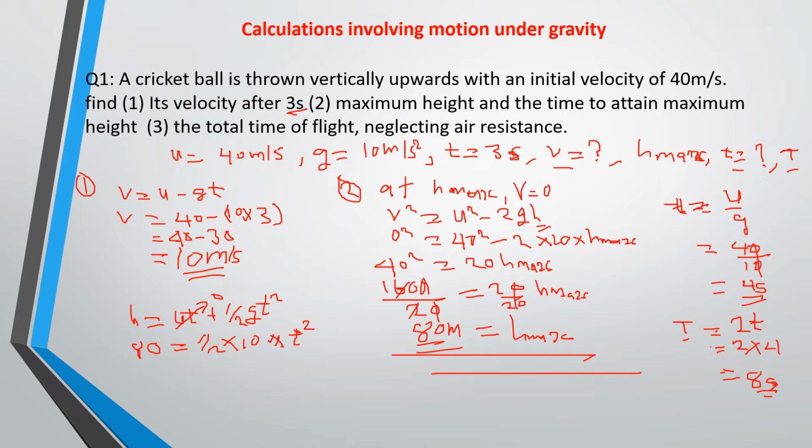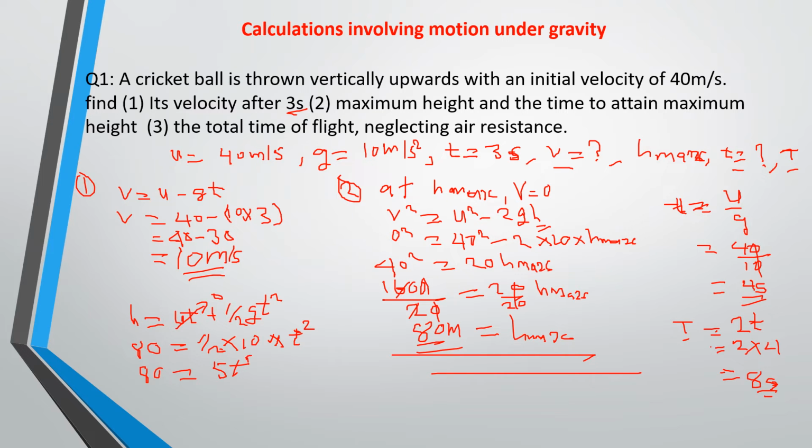If you work this out, you are going to have that 80 is equal to 2 divided by 10, which is 5 t squared, right?